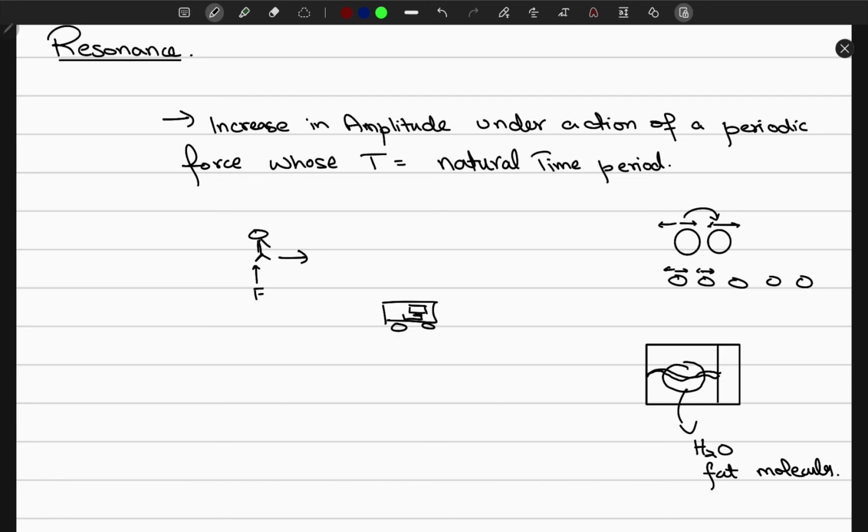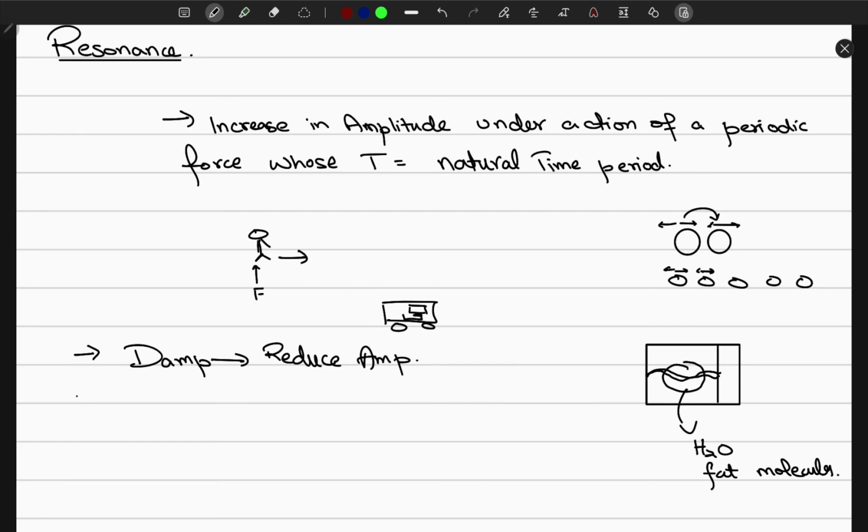Now we'll end this with a few properties of resonance. It's also known as the sharpness of resonance. And so basically what happens, for example, consider that you have a damping force. It would, as we discussed, reduce the amplitude of the oscillations.